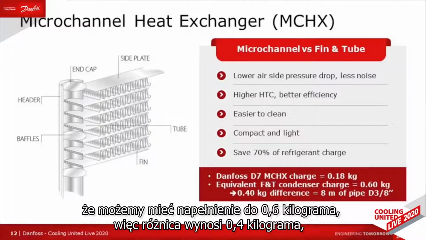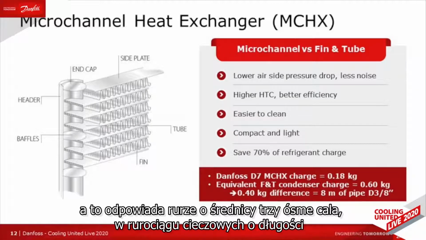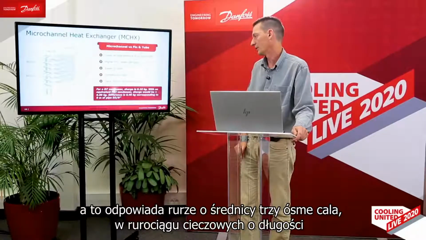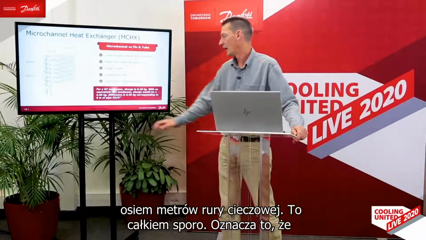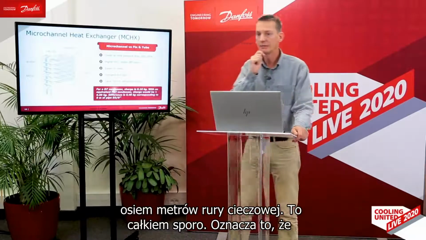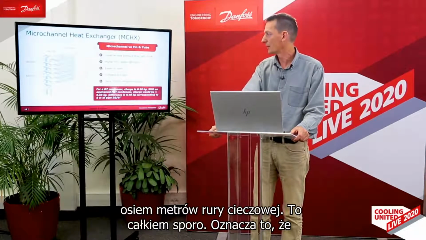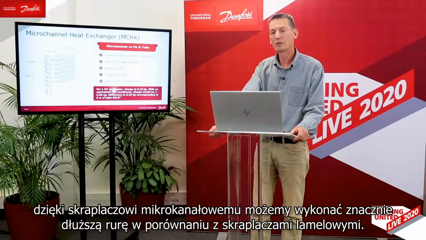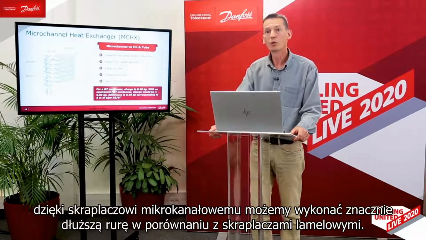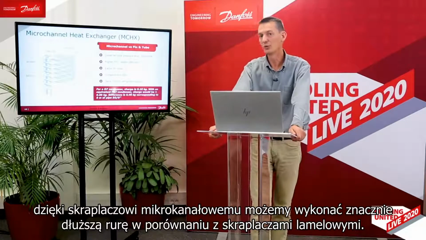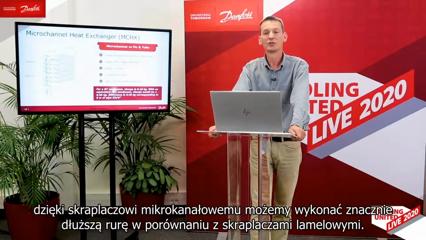So the difference is 0.4 kilogram, and that corresponds, for a liquid pipe diameter of 3/8, to 8 meters of liquid pipe run. So it's quite a lot. It means that with a microchannel condenser, we can make a much longer pipe run compared to a fin and tube condensing unit.